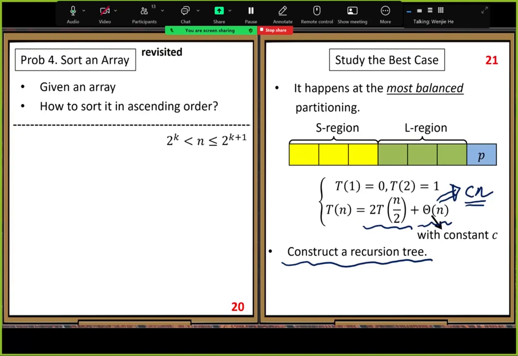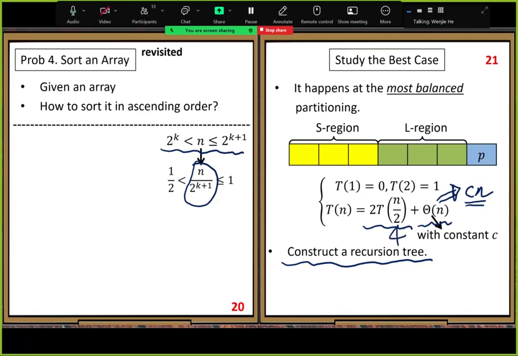When we draw a recursion tree, it's a binary tree with many levels, but we need to know how many levels there are. This inequality helps us estimate how many levels we can have. When we do recursion, we split the array, right? Every time we split the array by 1/2, right in the middle.